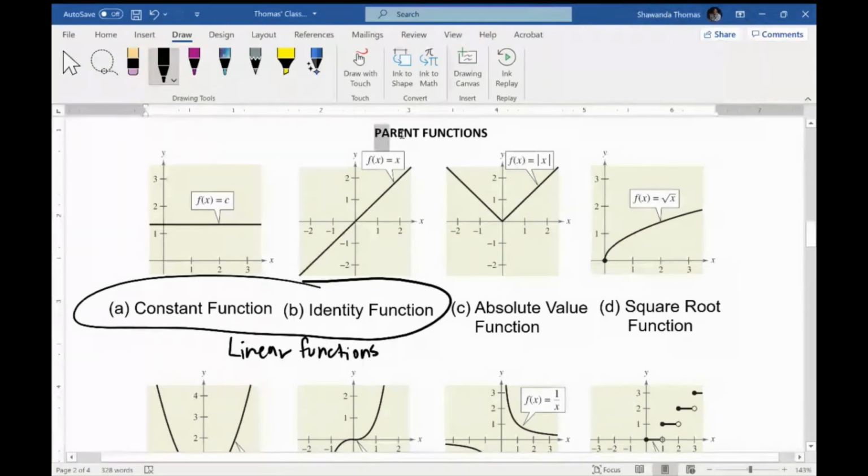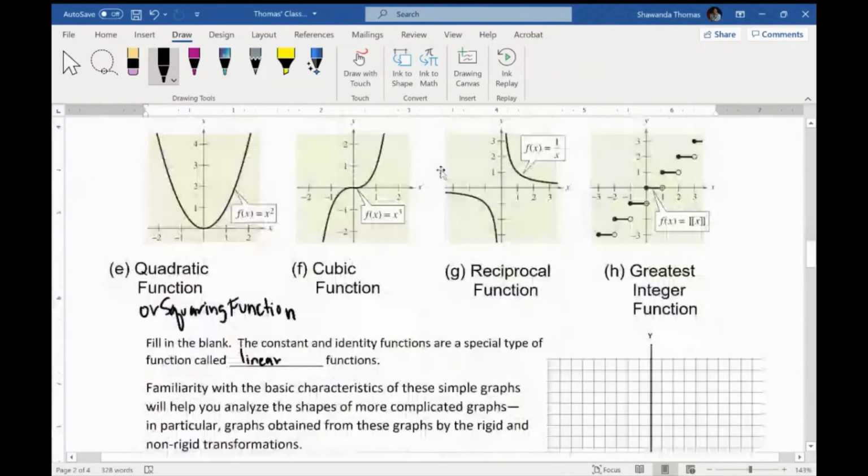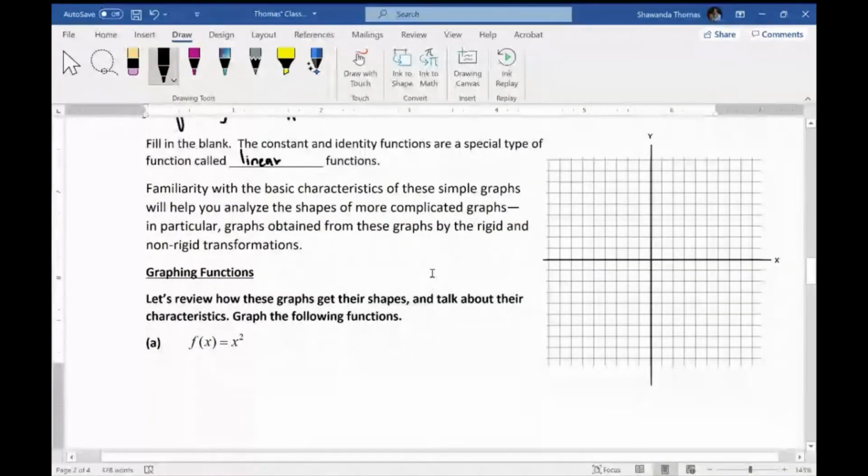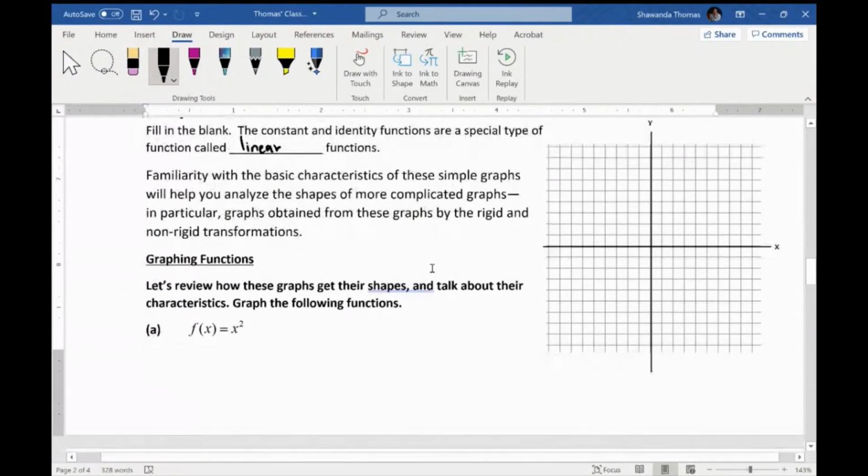They call them parent functions because on Thursday, we might start talking about the children of these functions, and I want to show you how they're related to the parent function. What we're going to do for the next 10 minutes is just graph. We're going to go back to our graphing days. See if you remember how to graph, okay?